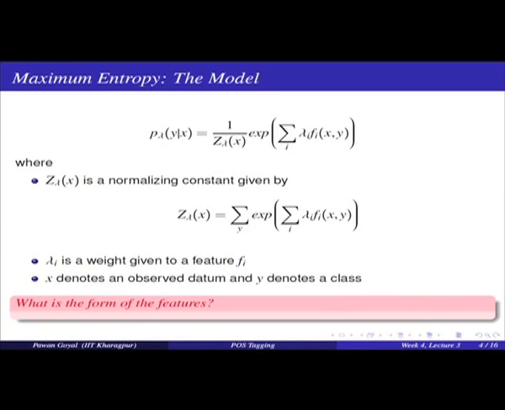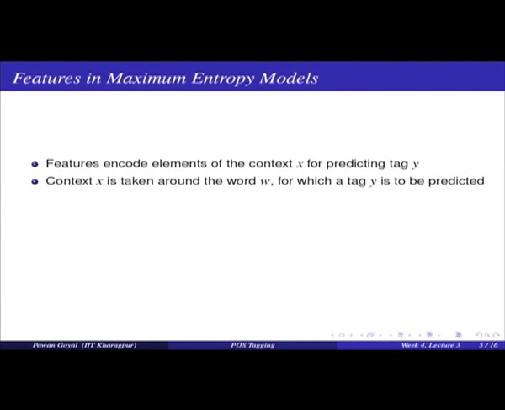Now what is interesting is what form the features in a maximum entropy model can take, as opposed to something like an HMM. You are seeing f is a function of x and y, both my observation and the class. So I am defining my feature on both of these, and these are all binary features. In a maximum entropy model, my features encode elements from the context x and the tag y.